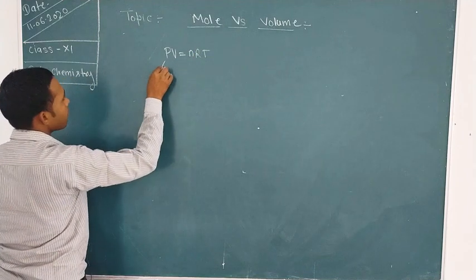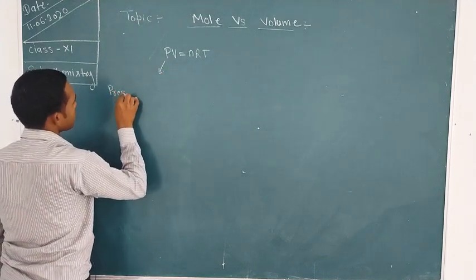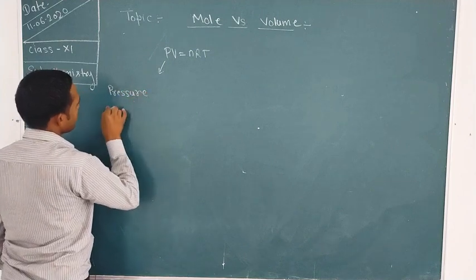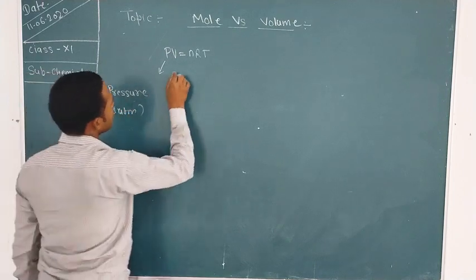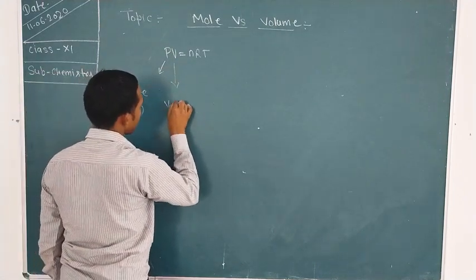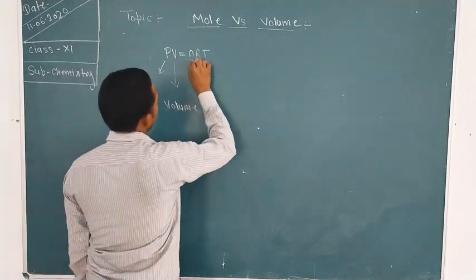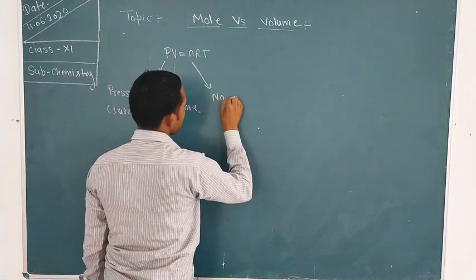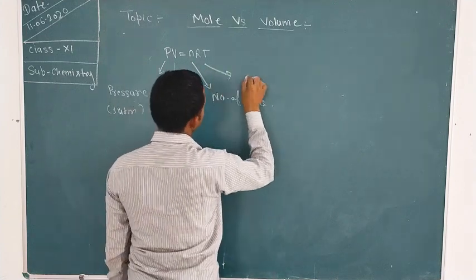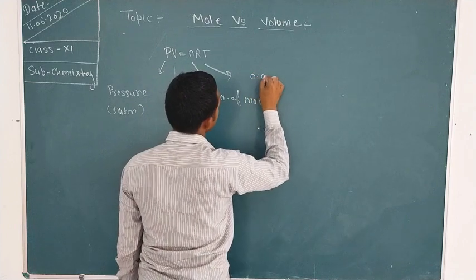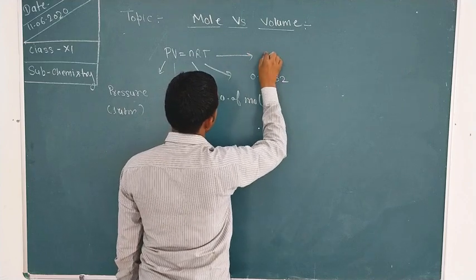In this formula, the value of P, pressure, is 1 atm. V is volume, meaning we find the volume of gases. n is the number of moles. R is the gas constant, its value is 0.0832, and T is temperature.